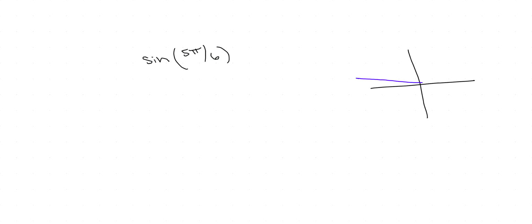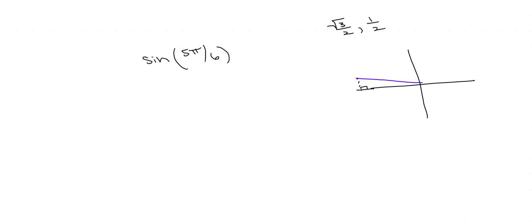So now I know that cosine's going to be negative over here because my x's are negative, and sine is going to be positive over here because my y's are positive. But if you look at this triangle at pi over 6, I know that sine is either going to be root 3 over 2 or 1/2.